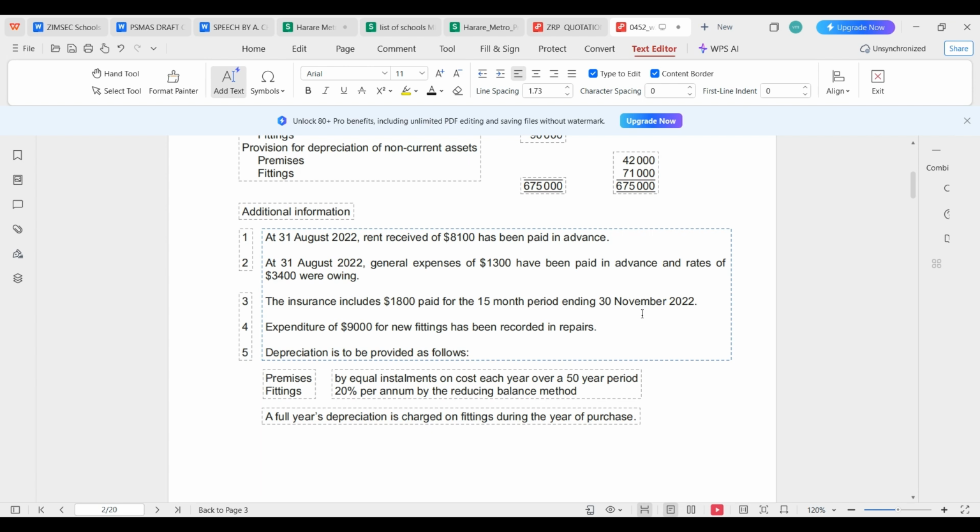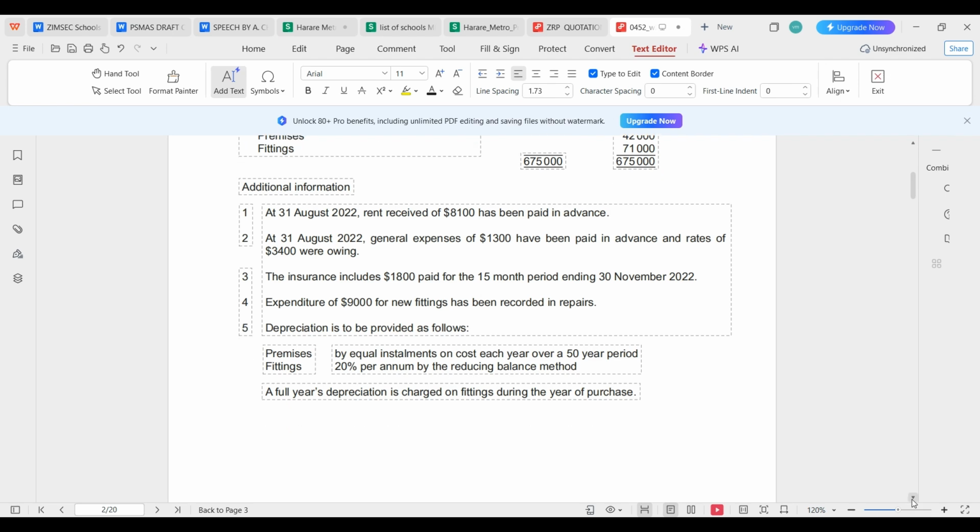This is 15 months. For our year, we just need 12 months. So what we do first is divide 1,800 by 15 months so that we see how much is paid per month. If we do that, we're going to get 120 per month. So 3 months were prepaid, which is 360. If it's 120 per month, it means 360 was prepaid.